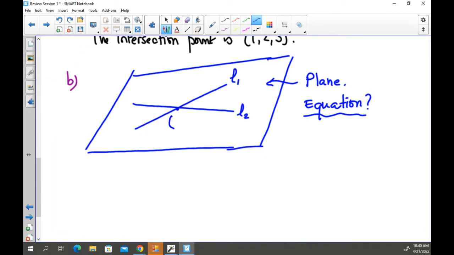They intersect at the point 1, 2, 3. So this is the intersection. Now, do you remember how we did this? Any ideas?